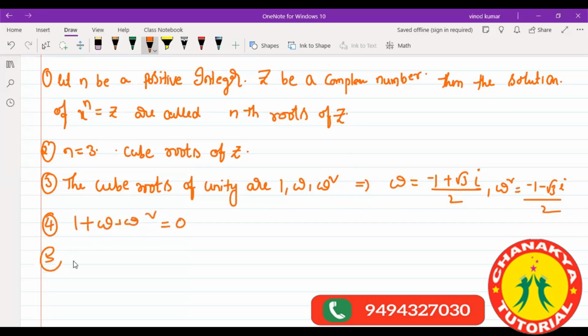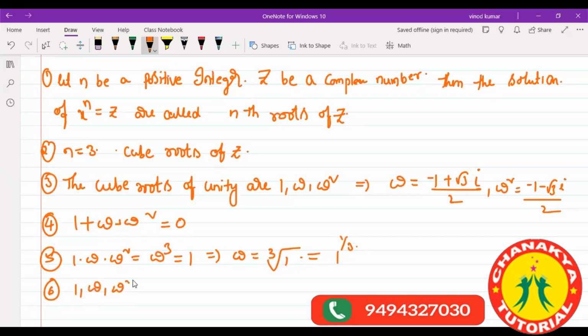And 1 into omega into omega square, that is omega cube, equals 1. That means omega equals cube root of unity, that is 1 power 1 by 3. Next, the product of the cube roots of unity is also 1, and 1, omega, omega square are in GP, geometric progression.